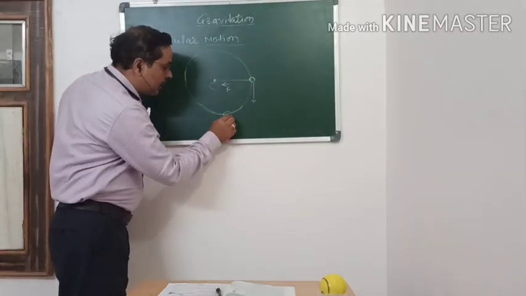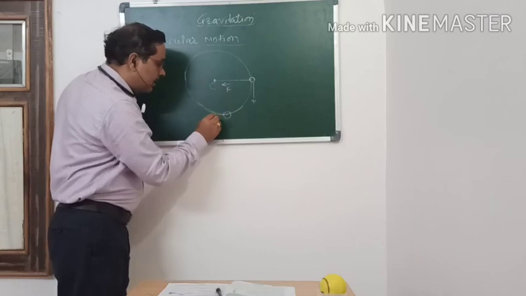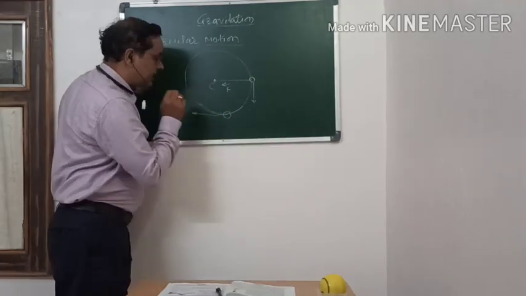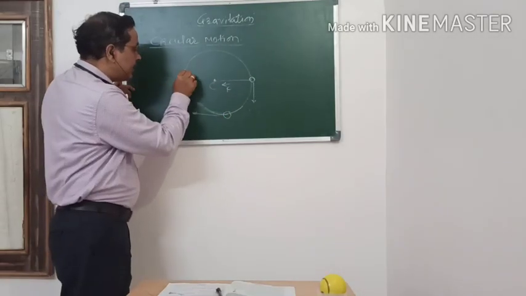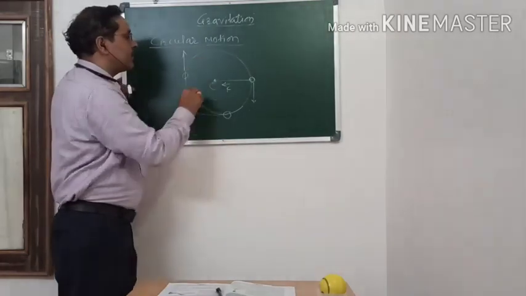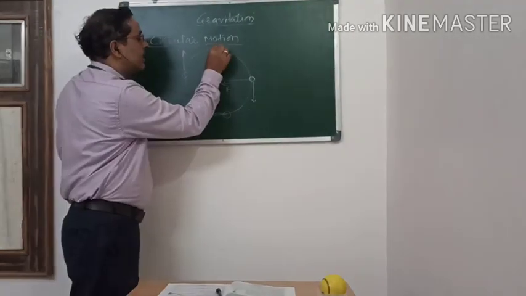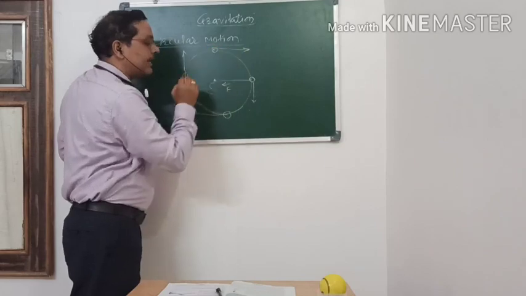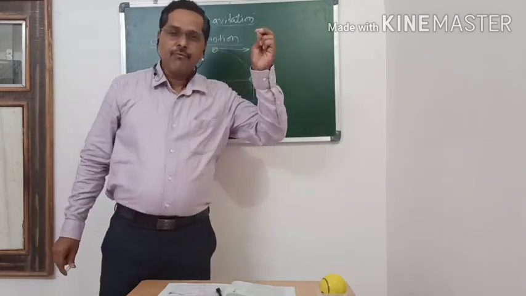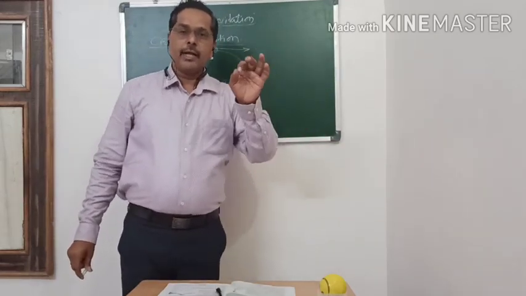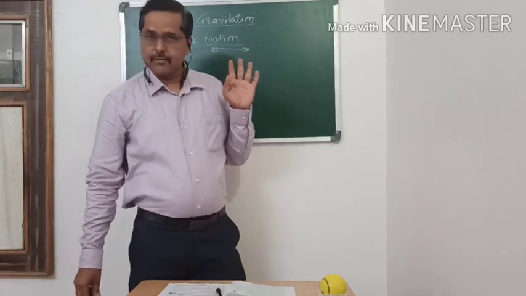If I leave it at this position, it goes in this direction. If I leave it here, it goes in this direction. So the direction of motion is always tangential to the circle at that point.